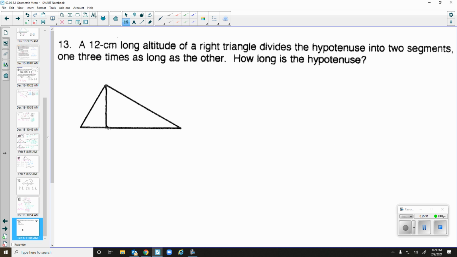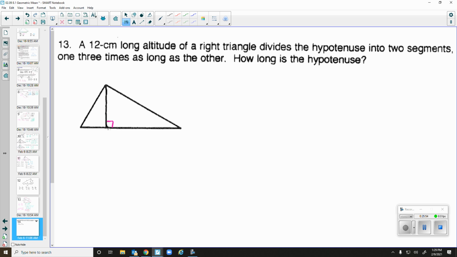Okay. We've got one more to go. On our last one, we have a 12-centimeter long altitude of a right triangle that divides the hypotenuse into 2 segments, one that is 3 times the other. How long is the hypotenuse?